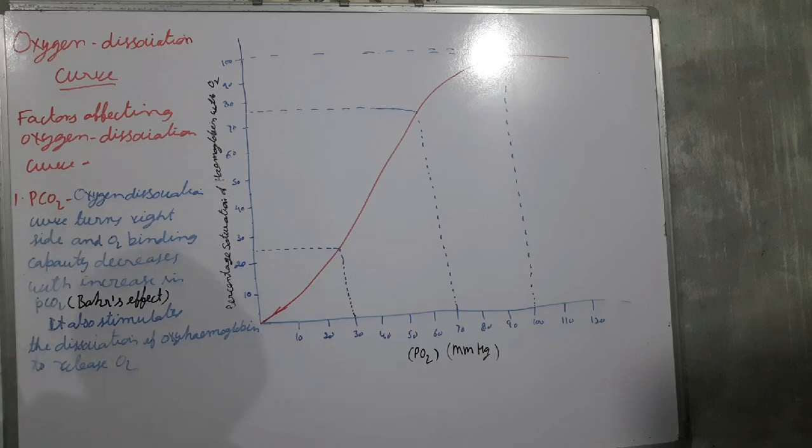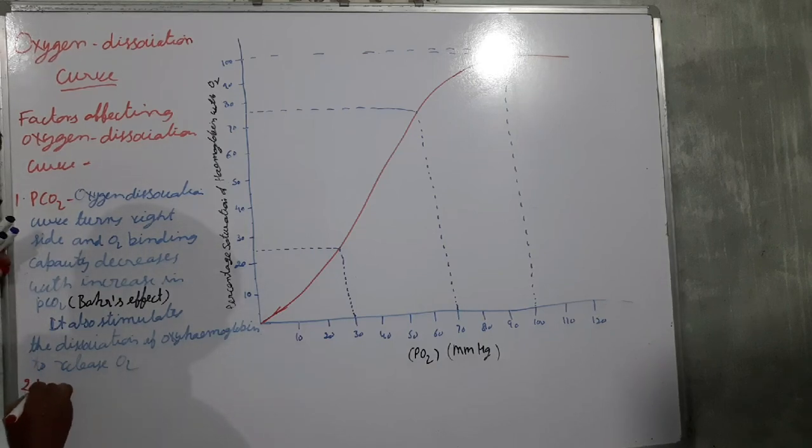After partial pressure of carbon dioxide, the next factor is temperature.